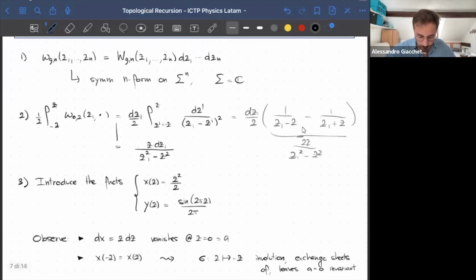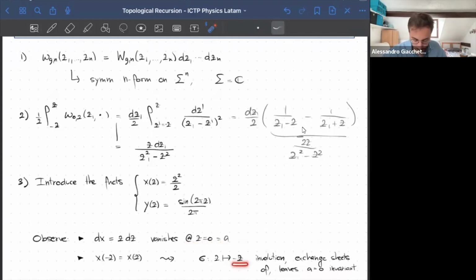Another observation is that this function x is invariant when you send z to minus z. So this means that there exists an involution, z maps to minus z, which basically exchanges the two sheets of this function, z maps to z squared over 2. And this involution leaves A, which is the 0 of x, invariant.